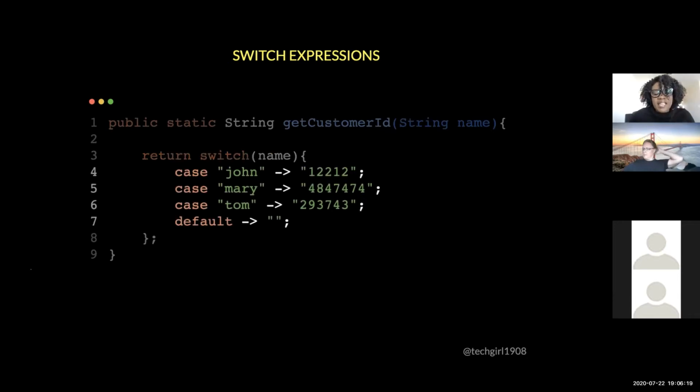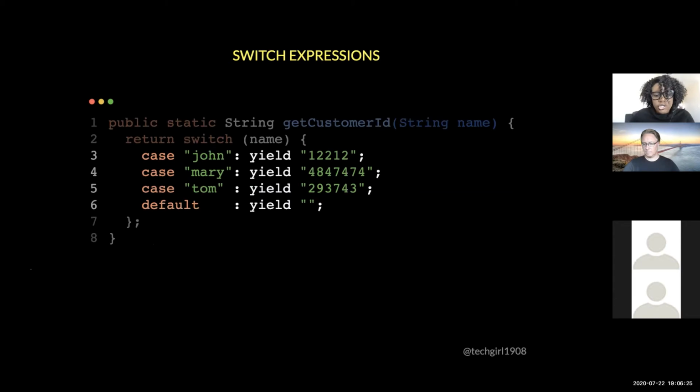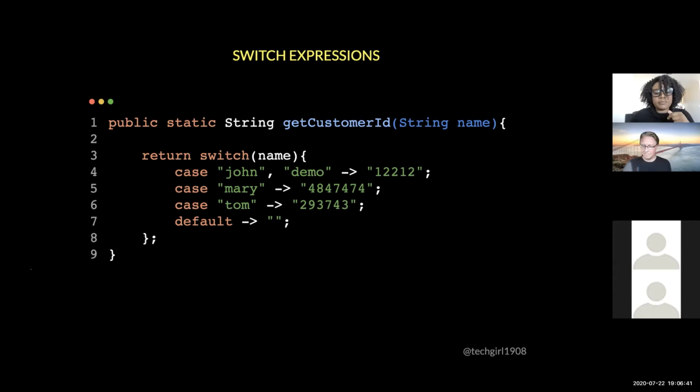Now, using the lambda style arrows is one way to assign the value, but you can also use another approach. So you can use the colon that we're used to, but you need to follow that with the word yield. This is a bit more verbose, so I prefer to use the arrow when I have a choice.